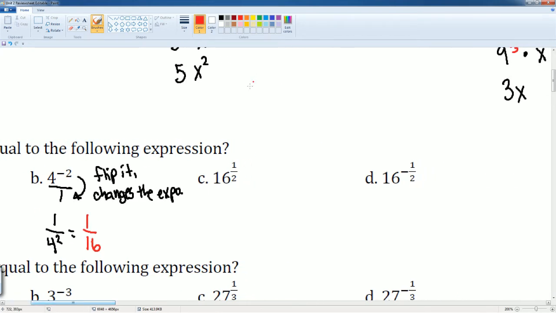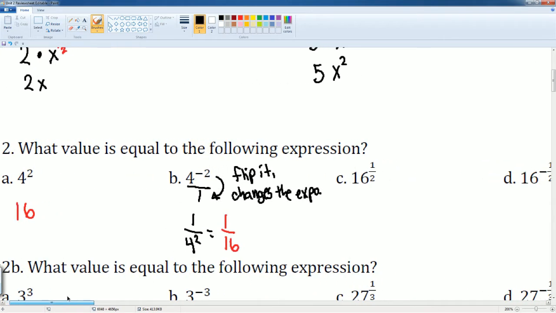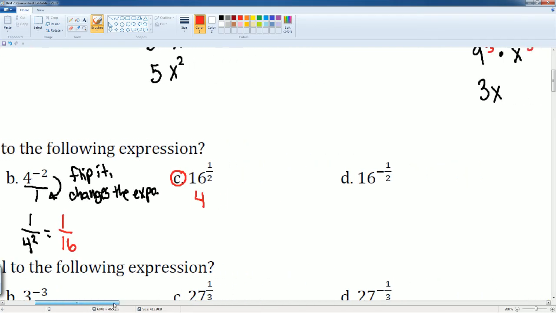What happens if you have 16 to the 1/2 power? Well, if you plug that into the calculator, you should get the value of 4. You should see there is a connection between C and A. All right. Then next, let's do B. If you plug this, oh, it's a negative exponent.